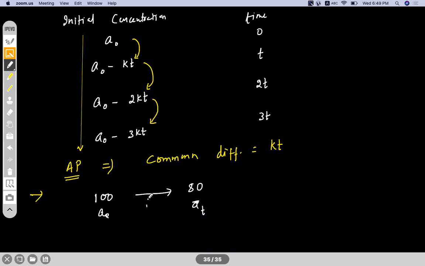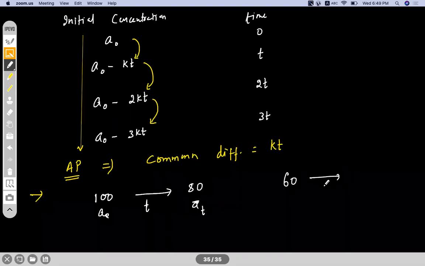And the time is given in which this conversion happens, 100 to 80. Then the second part of the question is: if you start with the concentration 60, then for the same time, what is the amount of reactant left here? Are you getting this question? 40.